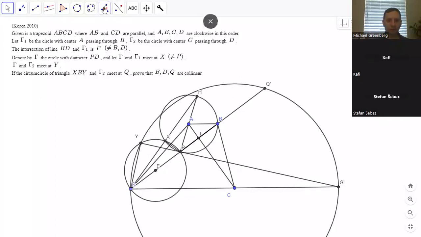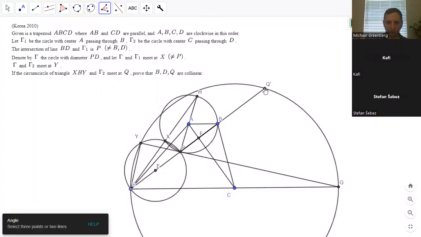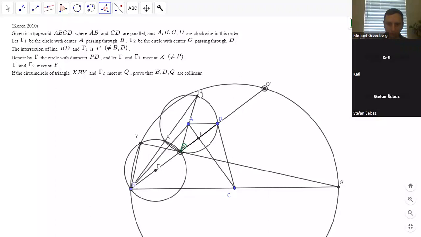Okay. So I did a little angle chase. I think we want to show that this equals this. Yes. And let's think about that. You can prove that triangles APB and CDQ prime are similar.